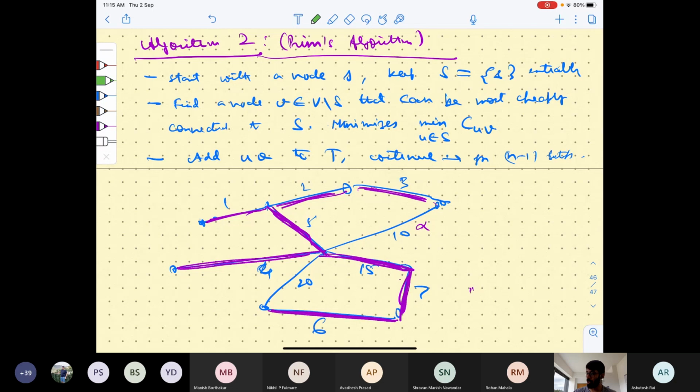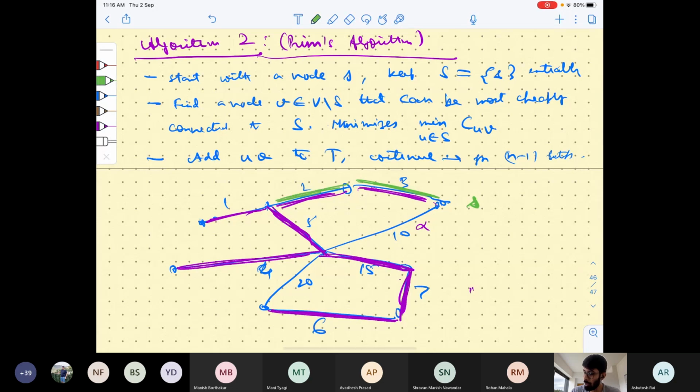Suppose we now start Prim's algorithm. Let's start from this s, some random node. Now what is the cheapest way to add something? Cheapest way is this. Yeah, 3 is the cheapest edge to be added.